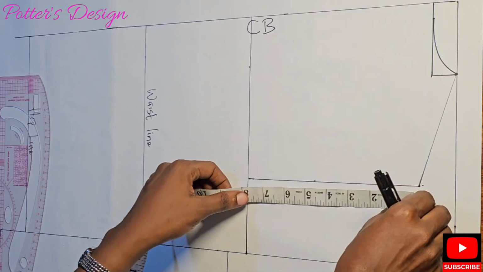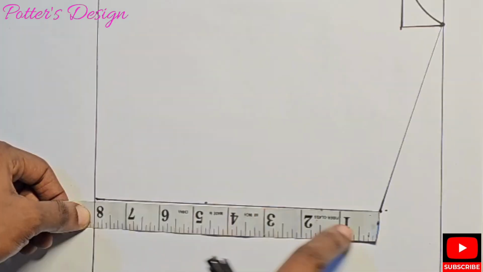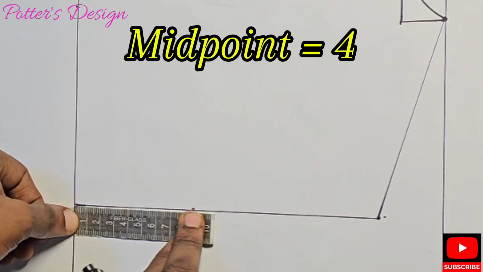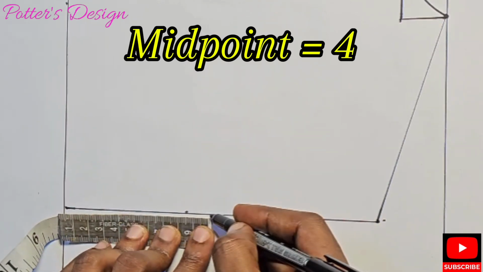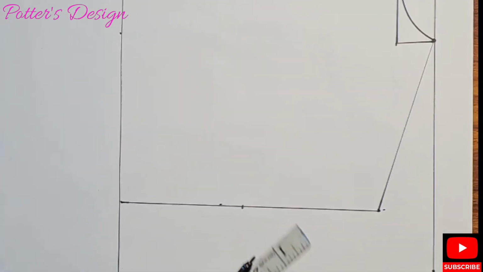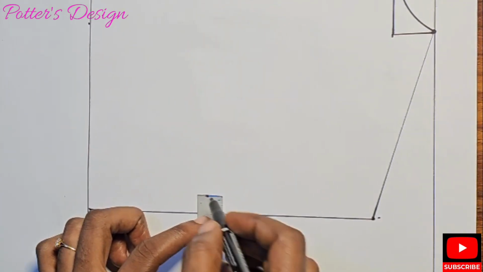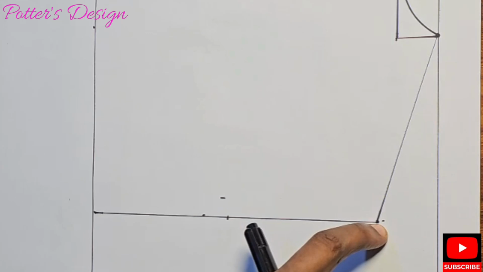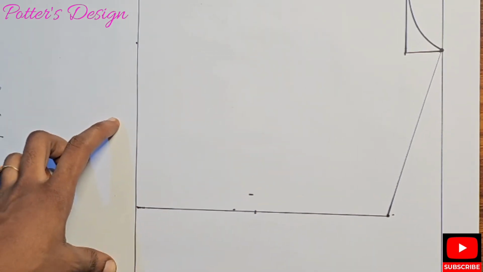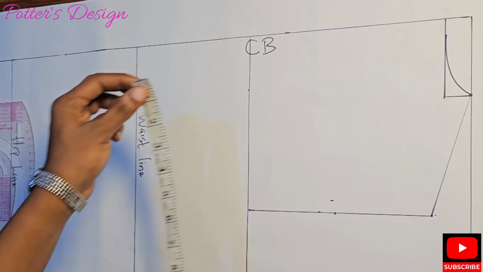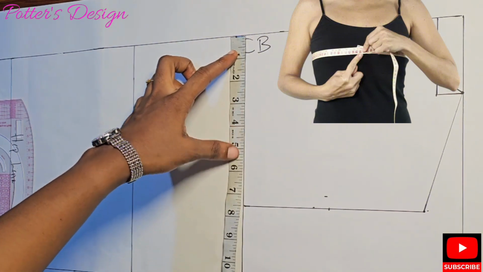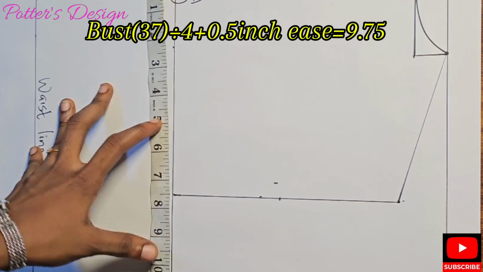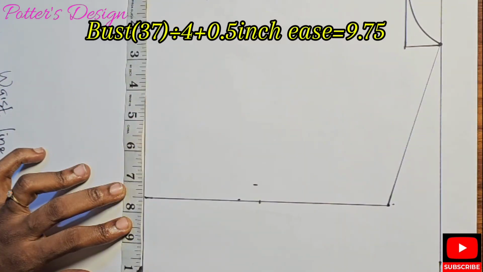Here, get the midpoint. The midpoint here is 4 inches. And you go in by half an inch. So this would enable you to curve from the shoulder point up to the armhole. So at this point, take your bust measurement divided by 4 plus 0.5 ease allowance.